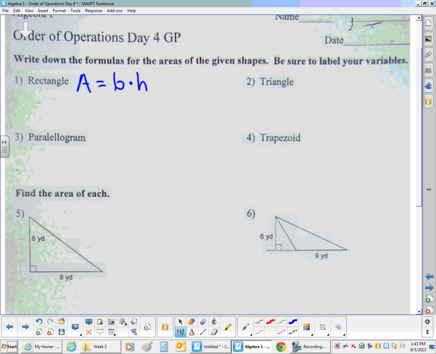That's how I'm going to refer to it. You could say length times width, but I'm going to use B and H. The area of a triangle equals base times height divided by 2.